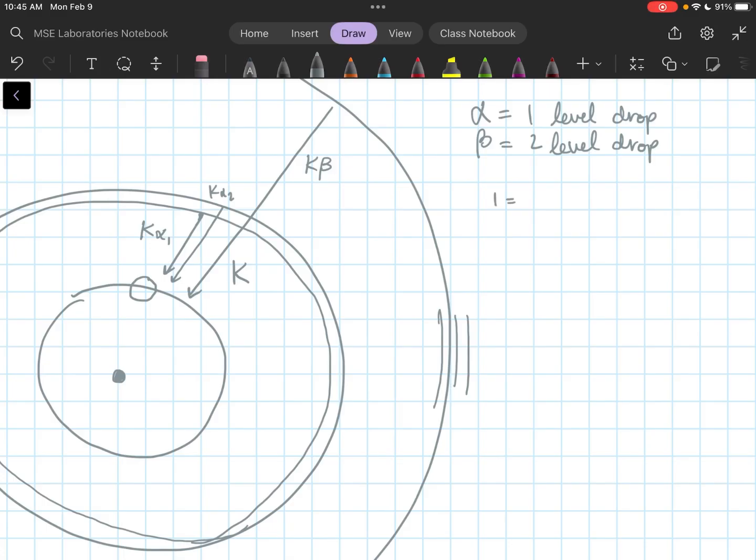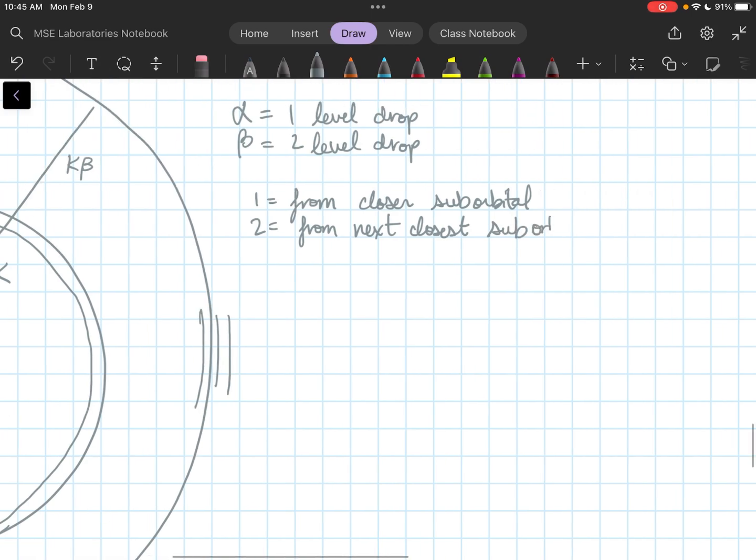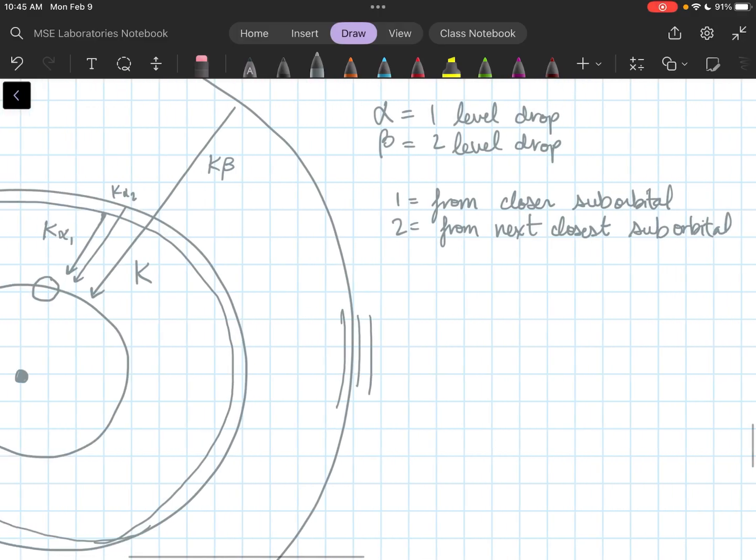In this case, 1 means from the closer suborbital, and 2 means from the next closest suborbital. Does that make sense? Yeah.